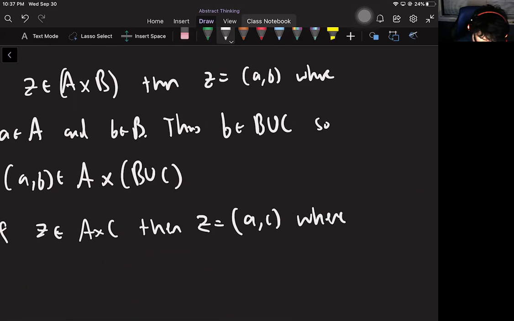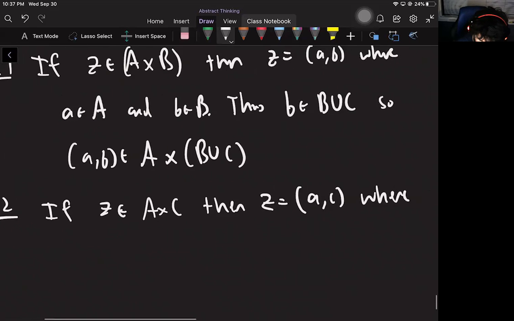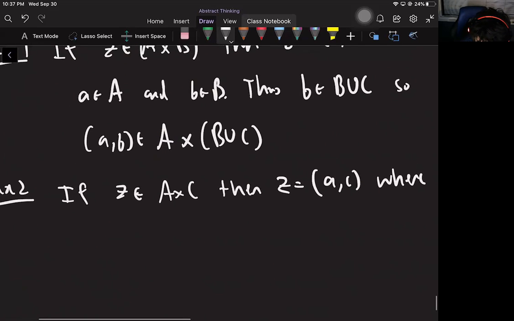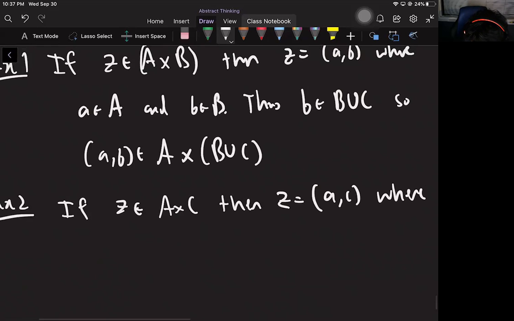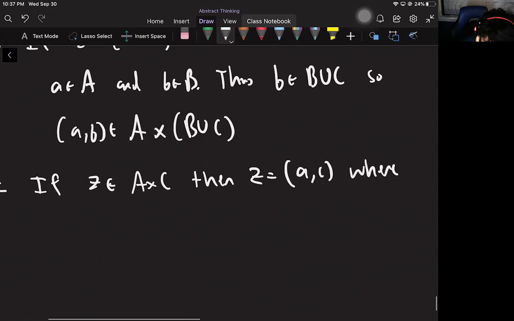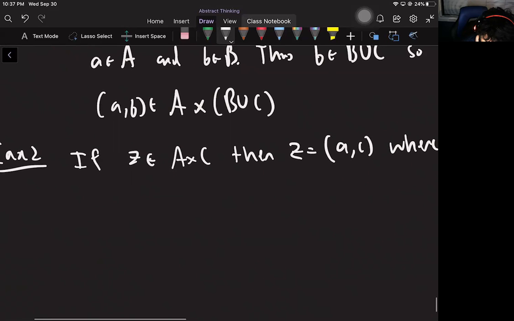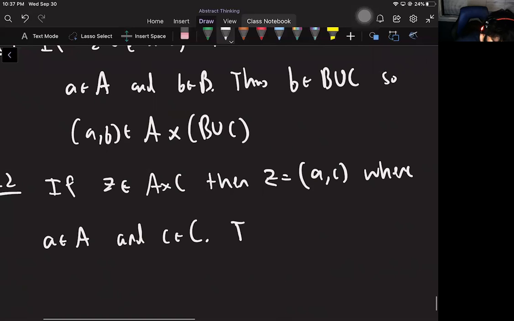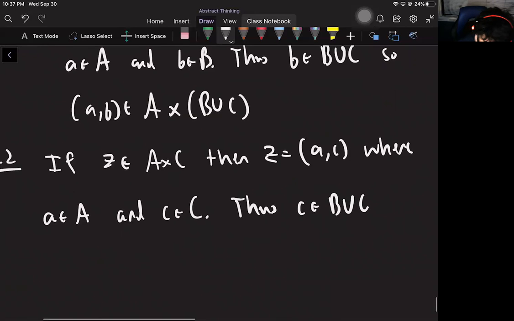You could reuse the letter b, but I just like to hint at where the element lives by using a non-capital letter that corresponds to the set. All right, anyway, so Z is an ordered pair a comma c where a lives in A and c lives in C. But then the same as before, just by virtue of living in C, it automatically lives in the union because it just has to live in one or the other.